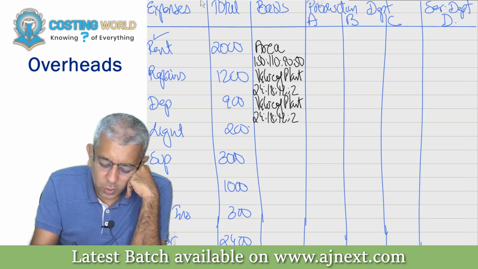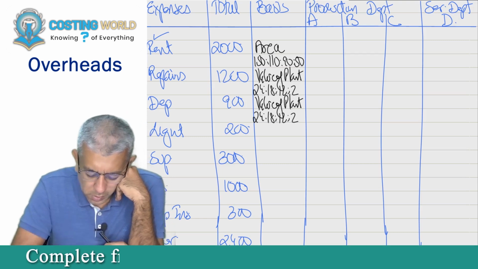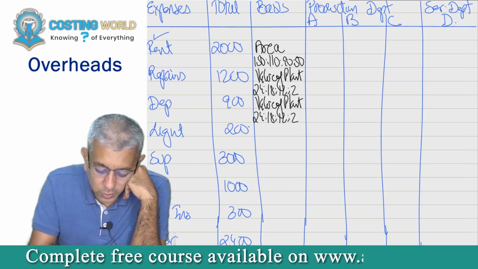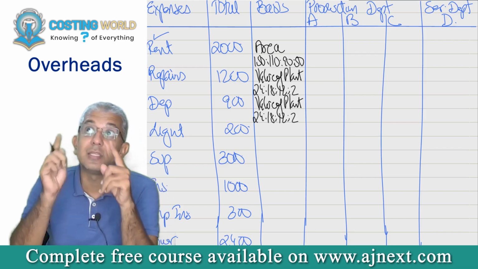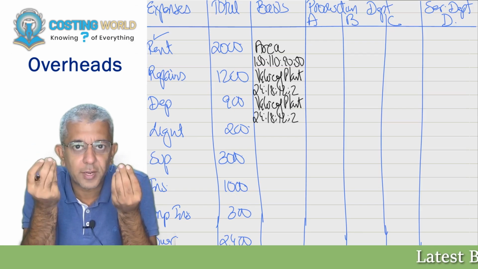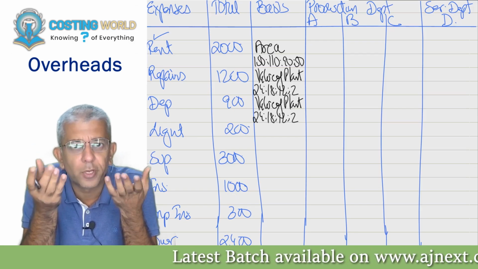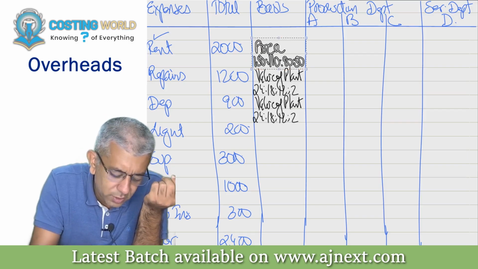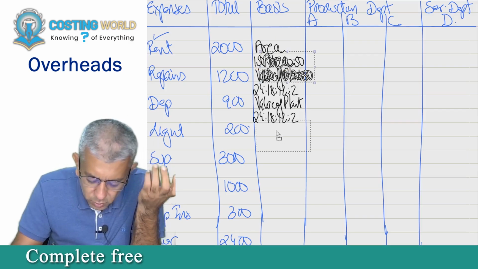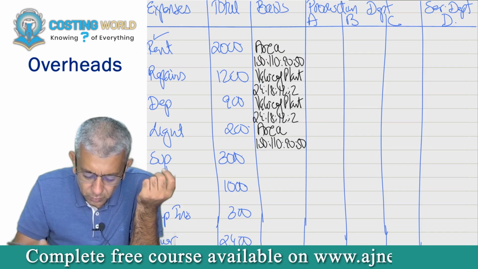Tell me lighting cost, what ratio? Area, no? Yes. Lighting, I explained to you all also. Lighting is that thing due to which you get illumination. The more the area, the more will be the lighting cost of that particular department. So therefore, area. Copy paste, means you all write down the same.